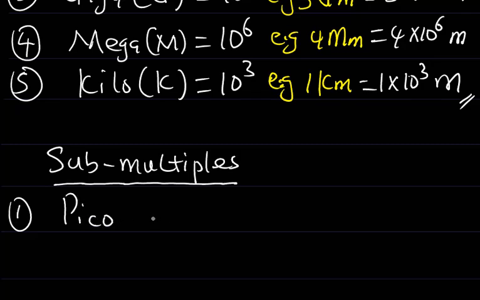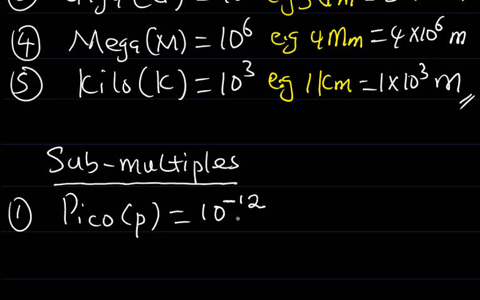Pico, of course, this is small letter p. Small letter p simply means that you are converting it by dividing by 10 raised to the power of 12, or you are multiplying by 10 raised to the power minus 12. That's reciprocal.